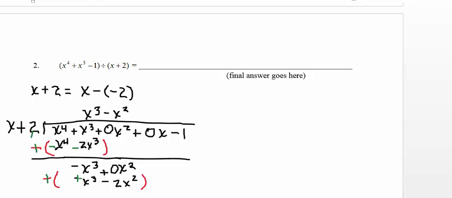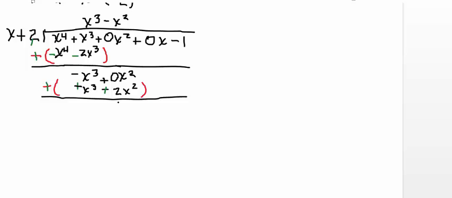And let's change that to an addition legally by also changing the signs of what I was subtracting. And my difference, or my sum, I can look at it either way, is 2x squared, and I bring down the 0x. X into 2x squared is positive 2x. 2x times x is 2x squared. 2x times positive 2 is positive 4x.